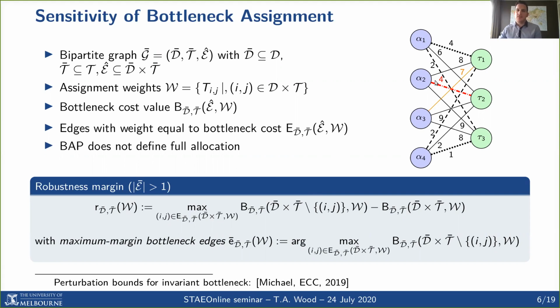So in this case, we solve the bottleneck assignment problem on the full graph and get this red bottleneck. If we remove this edge and then minimize the bottleneck again, this orange edge here, 7, is the bottleneck for that graph, and the difference is what we call the robustness margin.